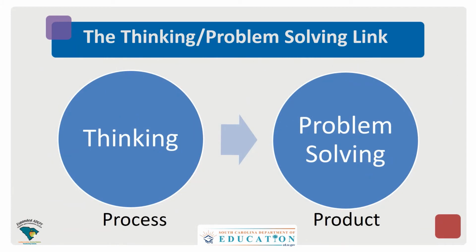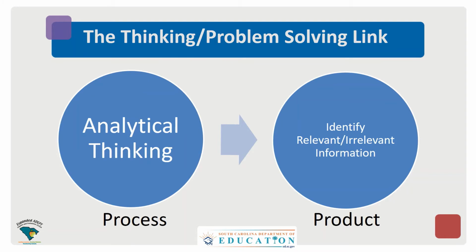We want to emphasize thinking as the process that leads to the product of different problem-solving types. You may not see the thinking process, but you will see the product or products it produces.